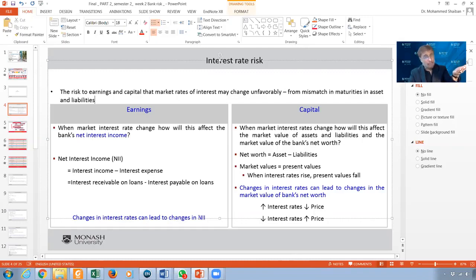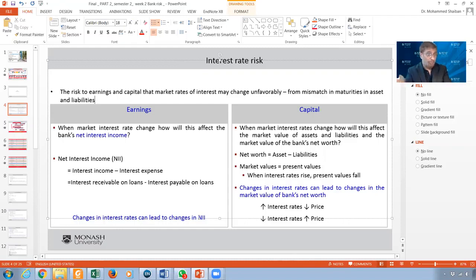But if the case is different and my liabilities are higher than my assets, and the interest rate is increased by 1%, yes, I will get 1% more from my assets, but I will have to pay 1% more to my liabilities.